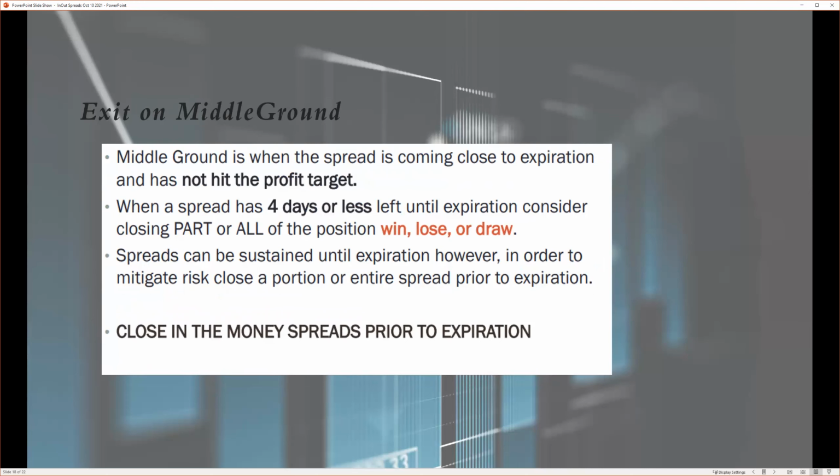So the merry-go-round is when the spread is coming to a close expiration and has not hit the profit target. So maybe we're at 10%, 15%, 20%, or minus 10, minus 20, minus 40. Then a decision comes, with 4 days till expiration. So what are we going to do? Are we going to win it, lose it, or draw it, right?